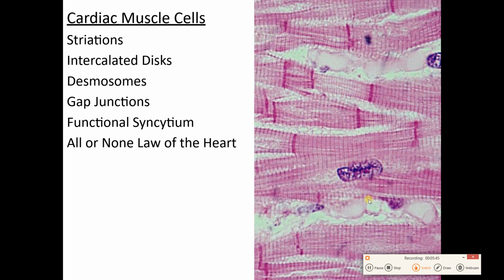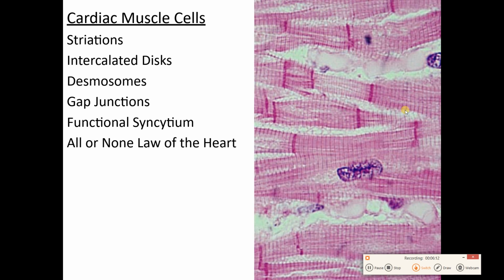Now, this layer of myocardium is mainly made of cardiac muscle. So what I'm seeing here are cardiac muscle cells. This is a nucleus to a cardiac muscle cell. This is the cardiac muscle cell right here. There's another nucleus. Now, if you remember from A&P1, cardiac muscle and skeletal muscle are striated.